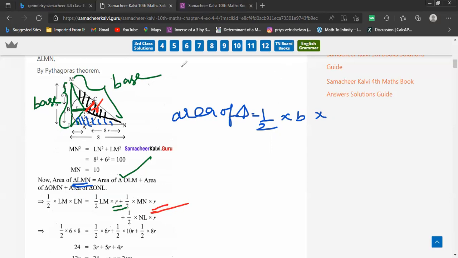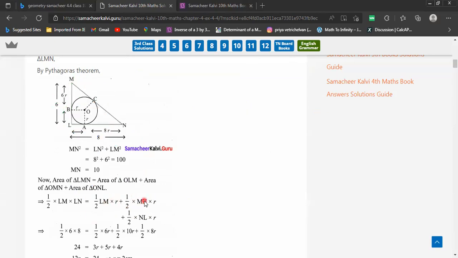Now we'll move to the blue one. In the blue one triangle, the LN is the base. And this is going to be your height, that is nothing but radius. So you're just applying the same formula thrice and you are adding up everything and you are equating it to the right angle triangle LMN.